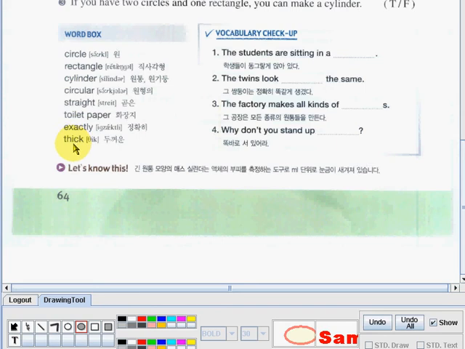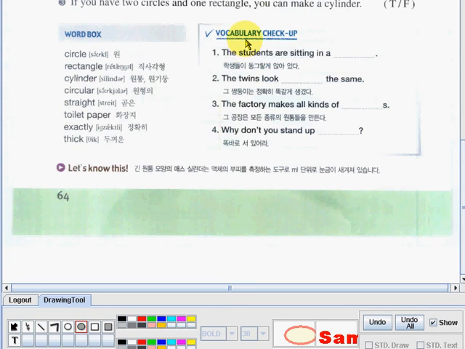This time, I want you to read these words by yourself. Very good. Now let's continue to vocabulary checkup.